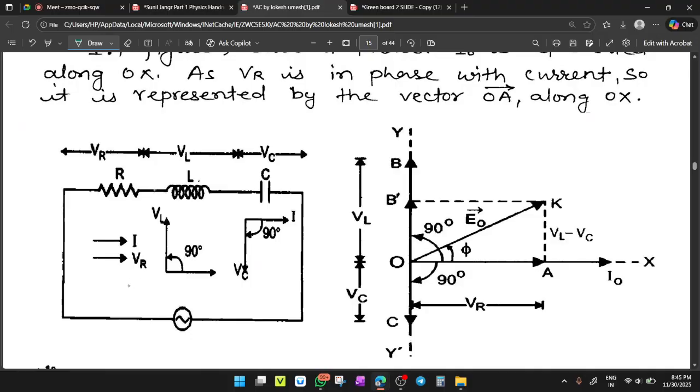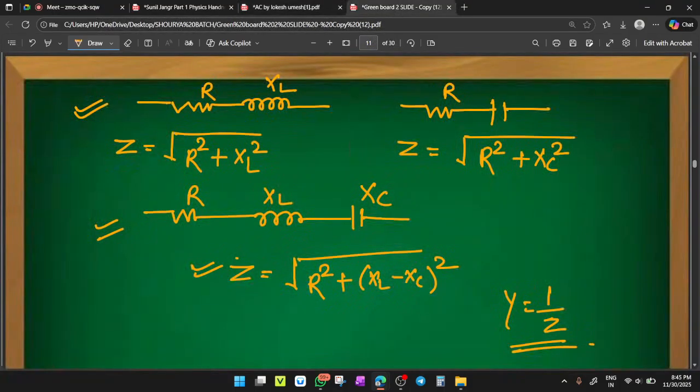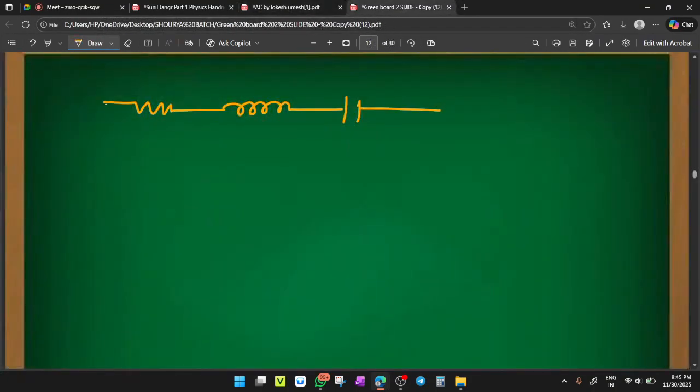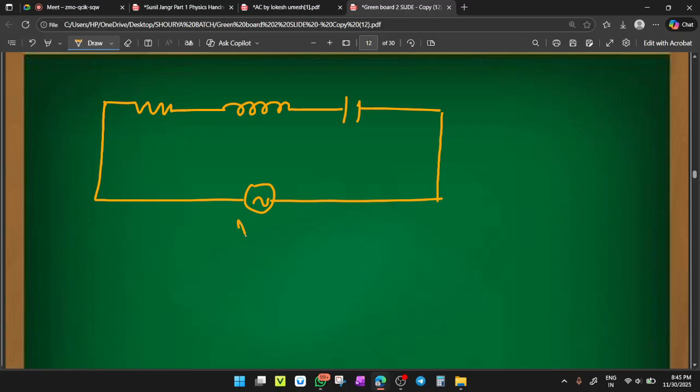So make an RLC circuit here: first R, then L, then C. You energize it with an alternating voltage or EMF, say V equals V naught sine omega t.